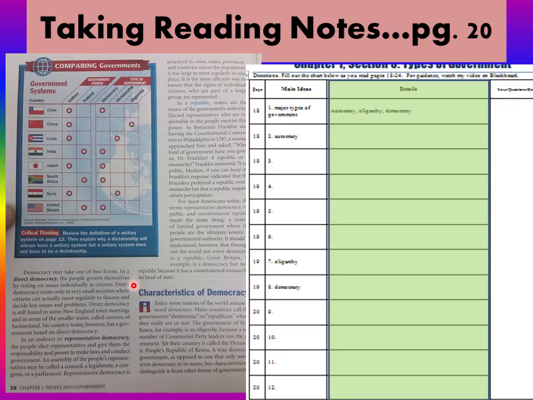Direct democracy exists only in very small societies where citizens can actually meet regularly to discuss and decide key issues and problems. Direct democracy is still found in some New England town meetings and in some of the smaller states called cantons of Switzerland. No country today, however, has a government based on direct democracy.